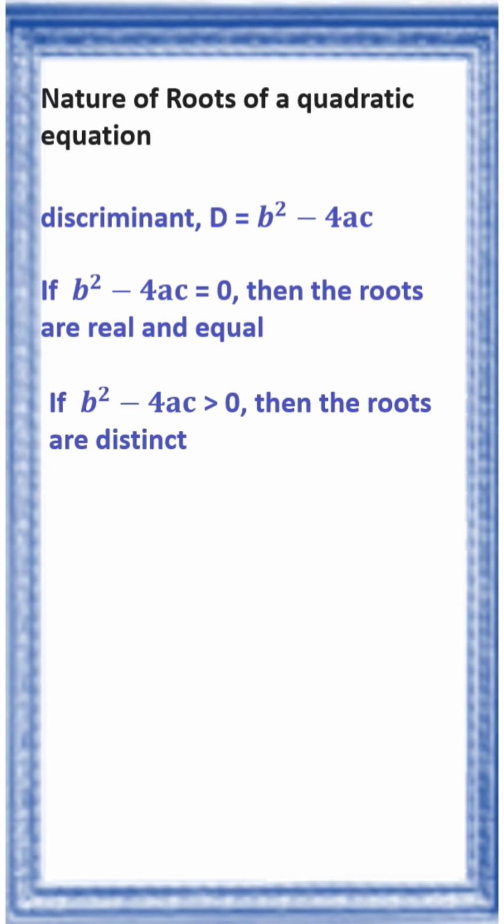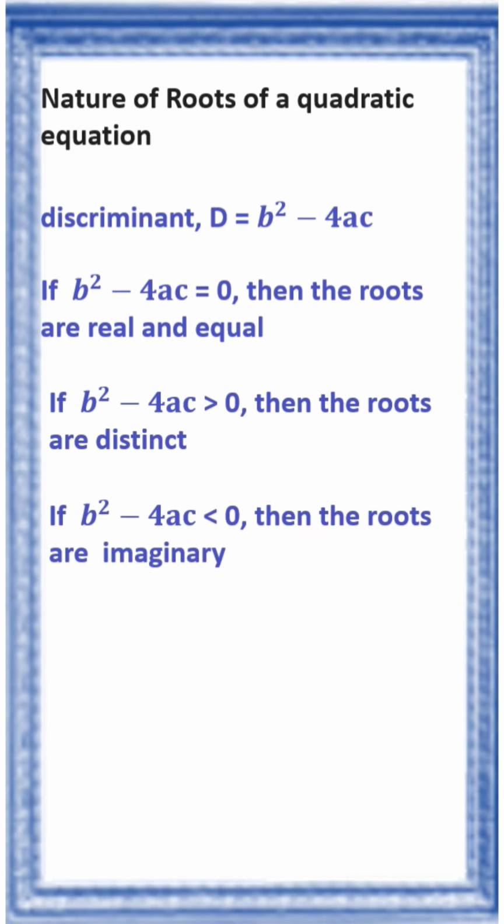If b square minus 4ac is greater than 0, then the roots are real and distinct. If b square minus 4ac is less than 0, then the roots are imaginary.